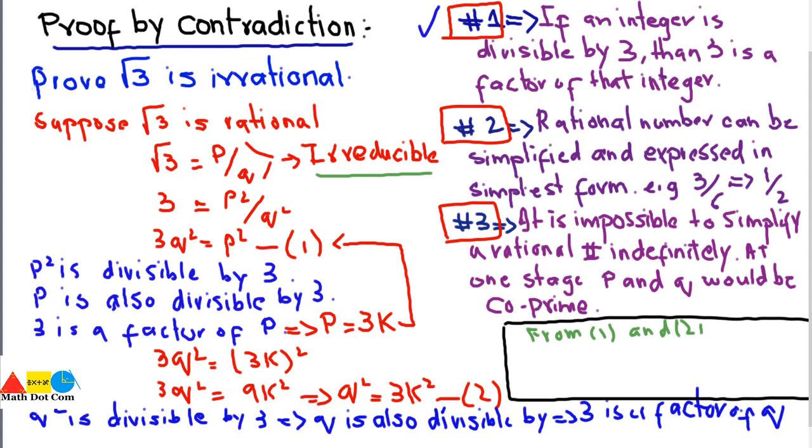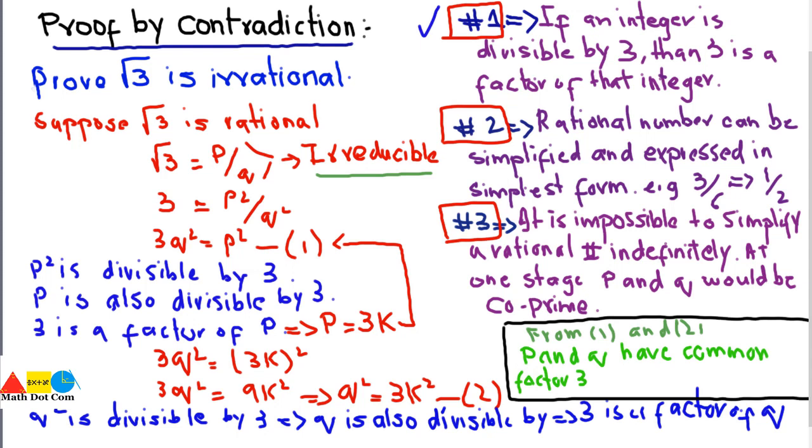But here we have got p and q in a form that can be reduced, as we assumed that p and q have no common factors. But from 1 and 2, p and q have a common factor, that is 3. That contradicts that p over q is irreducible, or that p over q has no common factors.